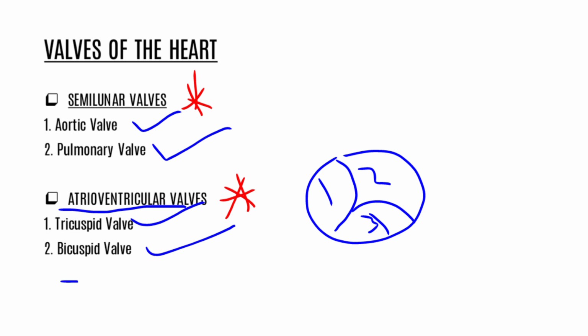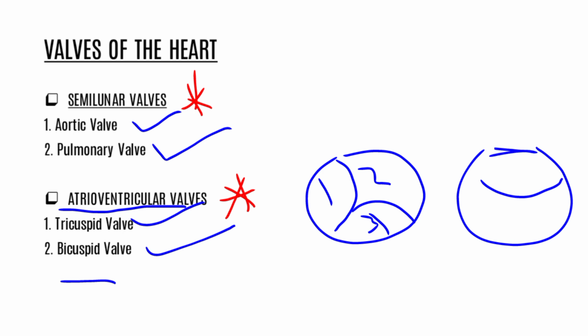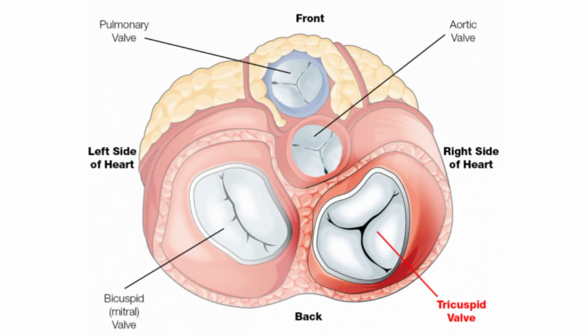While the bicuspid valve will have just two cusps, one and two. Now, here they said we have the semilunar valve. Semilunar means that it's half the shape of a moon. Lunar means moon, so semi is half the shape of a moon.